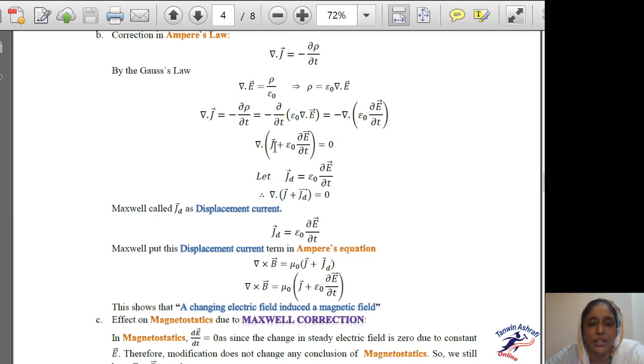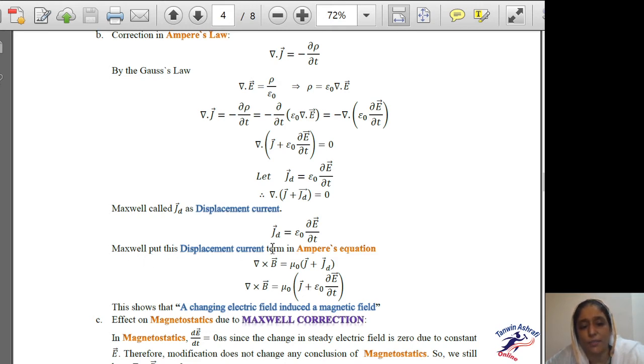This first term is the current density, and this second term is what Maxwell defined as the displacement current density, JD. Therefore, del dot of J plus JD is equal to 0, where JD is equal to epsilon naught partial E by partial t.